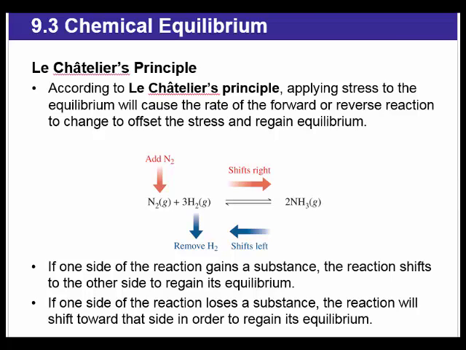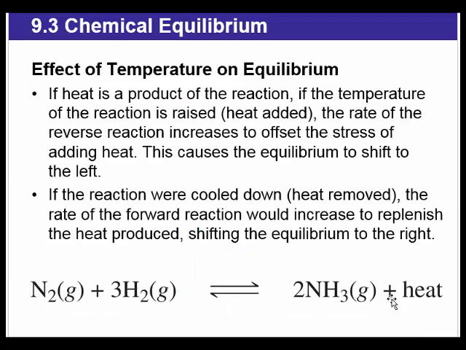Now we can also look at the impact of increasing temperature, which means we add heat, or decreasing temperature, which means we remove heat. And the easiest way to predict the impact is to write heat either as a product, which it is for an exothermic reaction, or as a reactant, which it would be for an endothermic reaction.